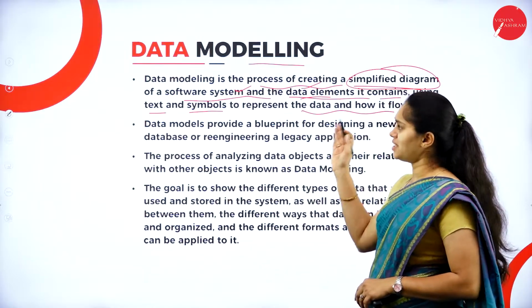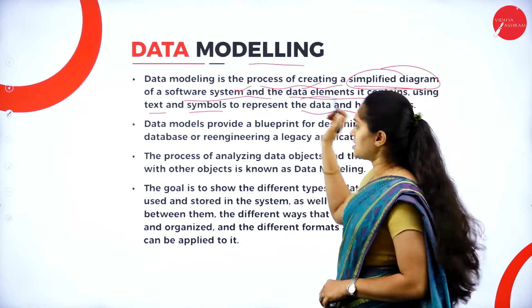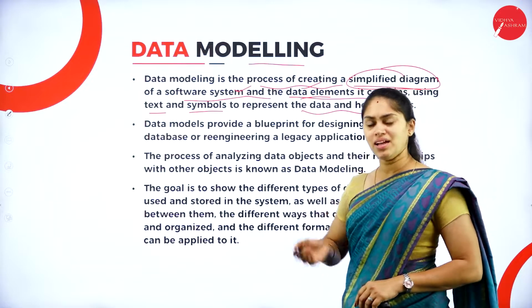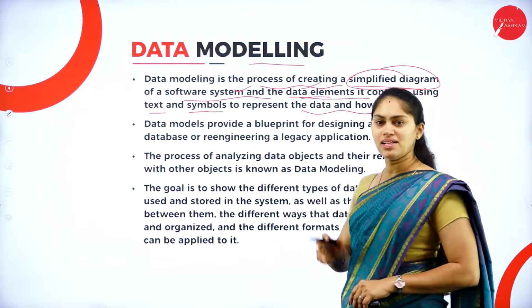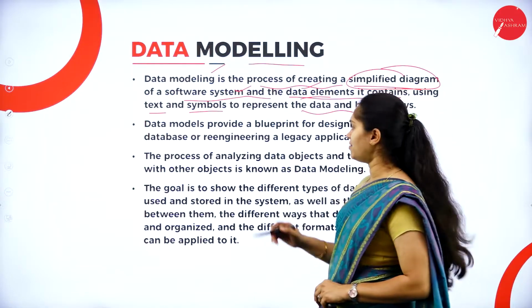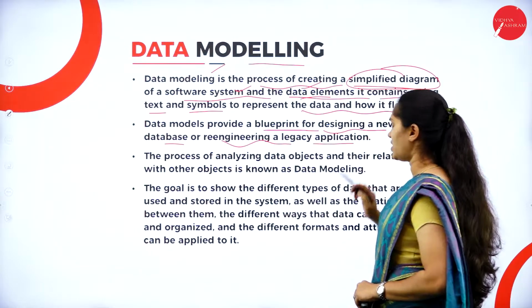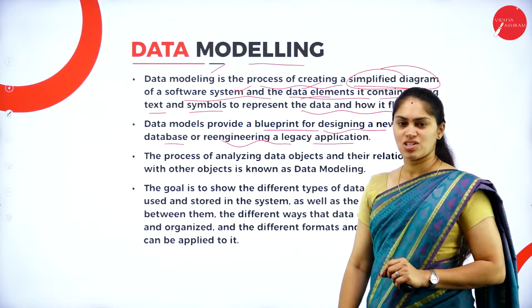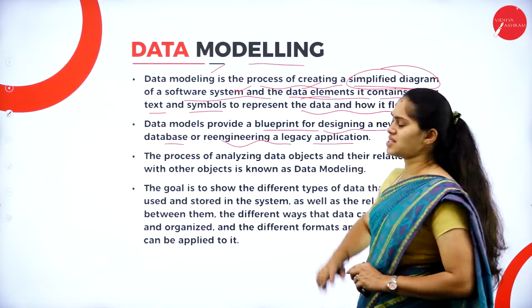So the process of representing that software system and its data elements in a simplified diagram with the help of text and symbols will be considered as what? Data modeling. And mainly it will provide a blueprint for designing a new database or re-engineering a legacy application. So whether it is a new application or an old one, it can be represented with the help of data modeling.